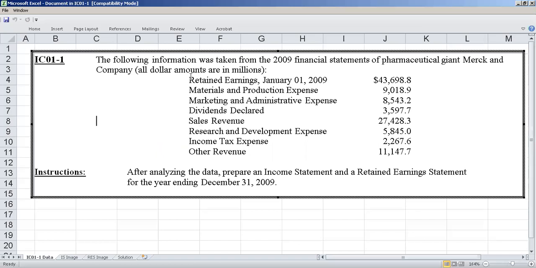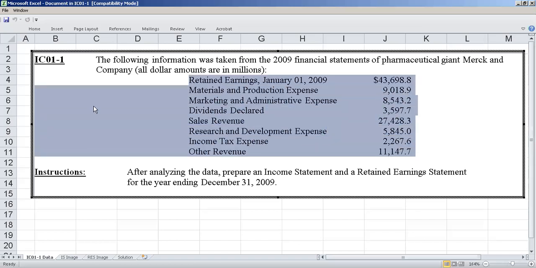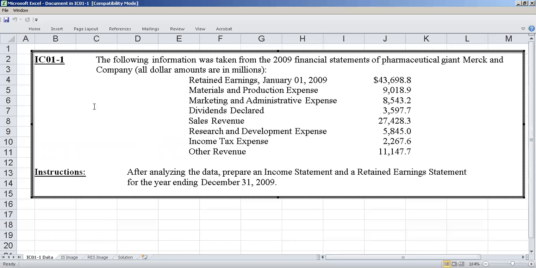Right? So as we analyze these different accounts, we're thinking, does this go on an income statement or does it not go on an income statement? Right? And becoming familiar with the different accounts in accounting and knowing which financial statement they are reported on, that's a key competency in the first two chapters.